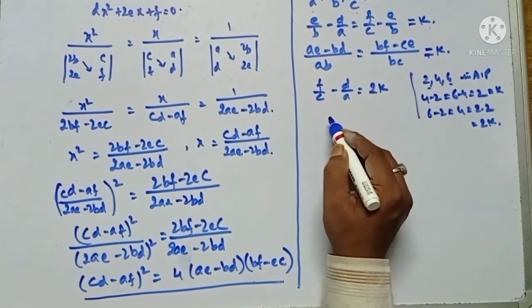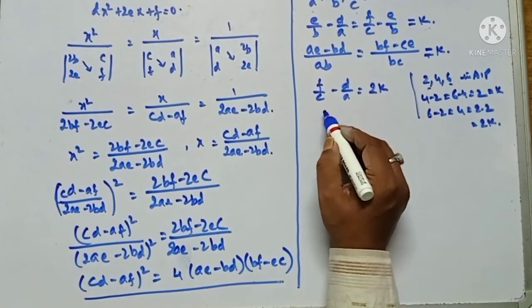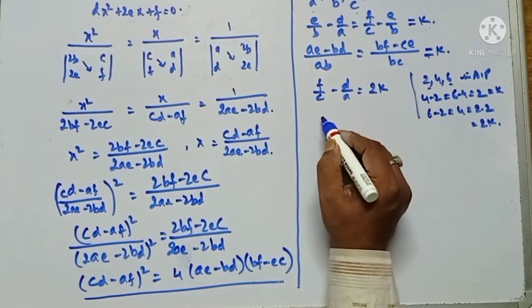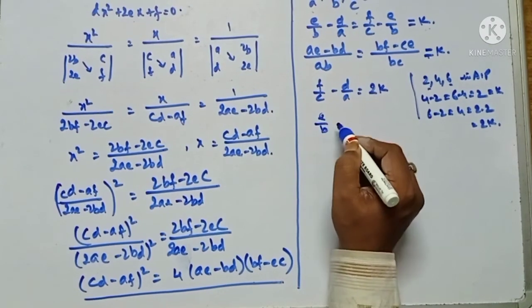Now let me see, that is f by c minus e by b.